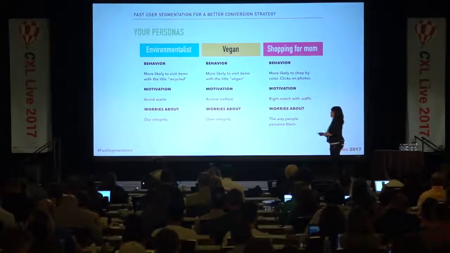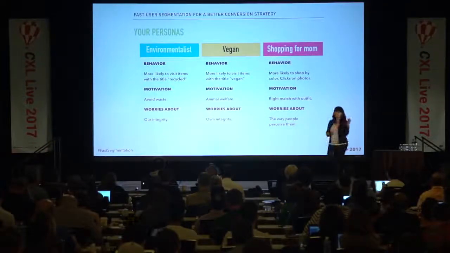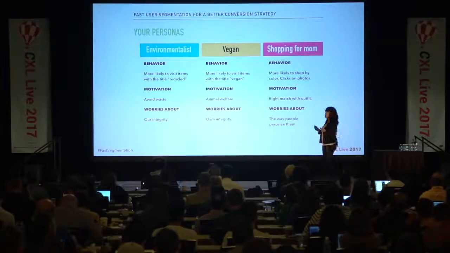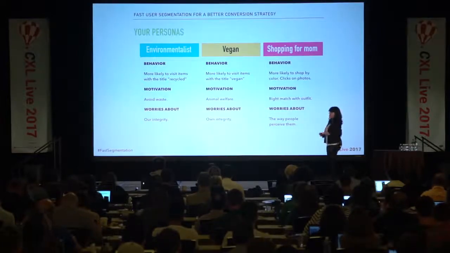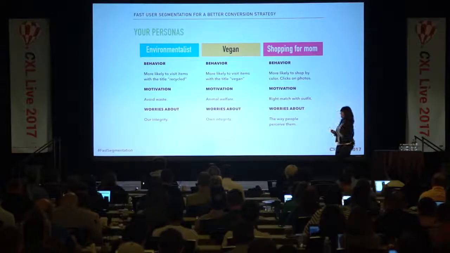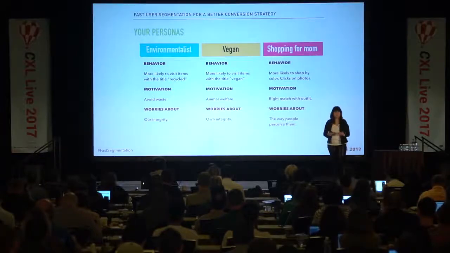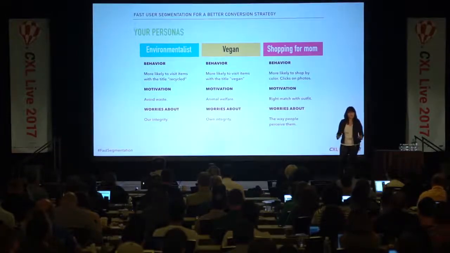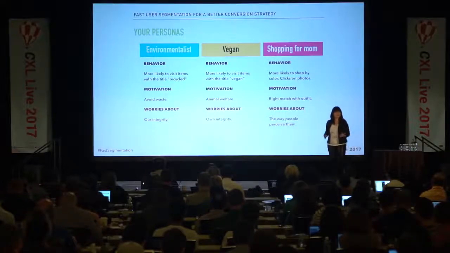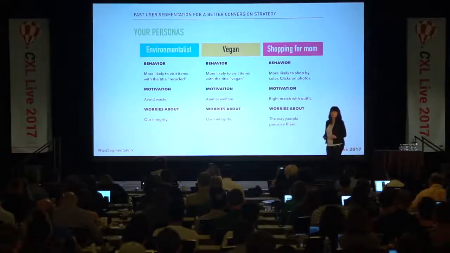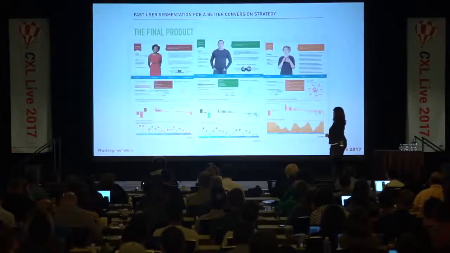So do that. If you have a data warehouse, install it, collect the data, wait for the data to come in. And at that point, you have all these crazy rich personas that not only have behavioral data, but they mix it with actual insights on what their motivations are, what worries them, and what their pain points are, and you can address all those with design, features, marketing campaigns, or anything else.